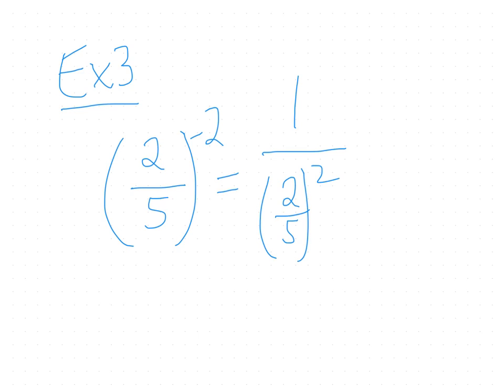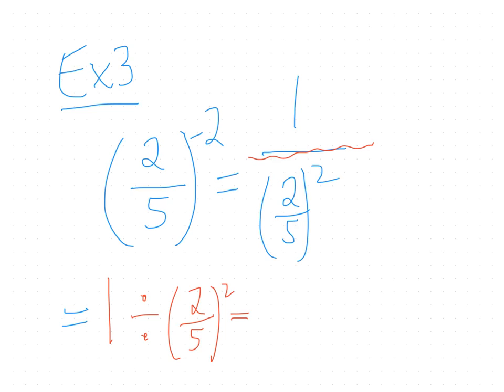And because the base is a fraction, it appears to be more complicated, but treat it as a base and bring that base to the denominator and switch the negative exponent to positive. So that's step 1. Then step 2, what does dividing fractions mean? Well, we take the numerator and we divide by the denominator. And how do we divide fractions? Well, we multiply by the reciprocal.